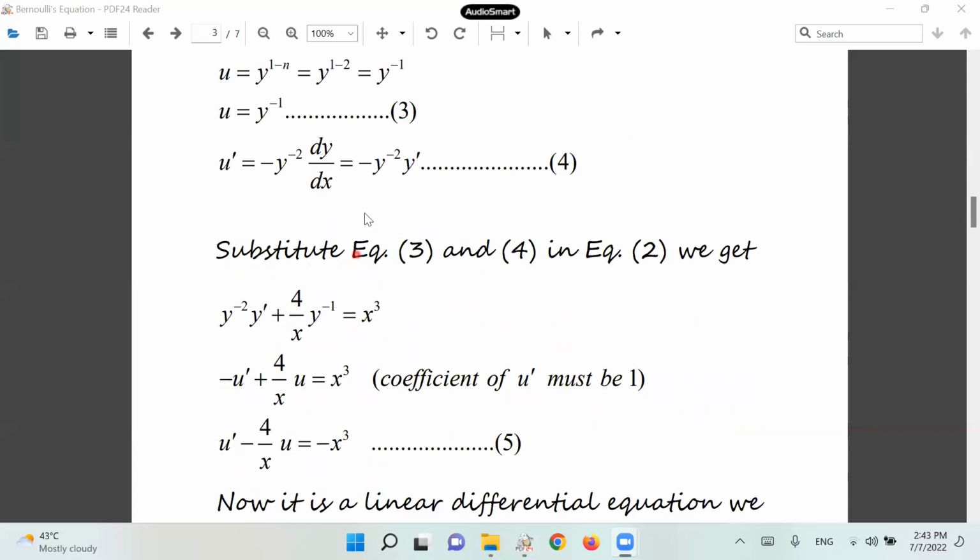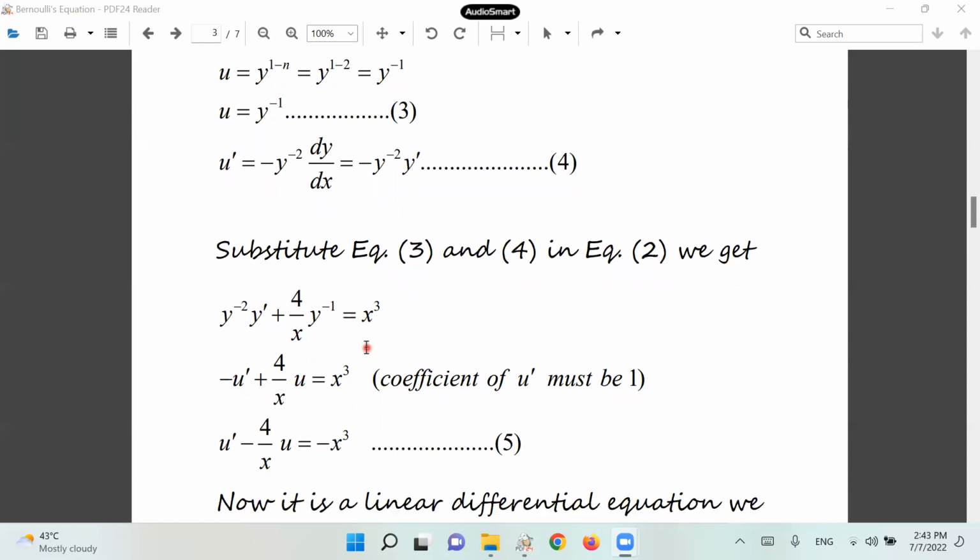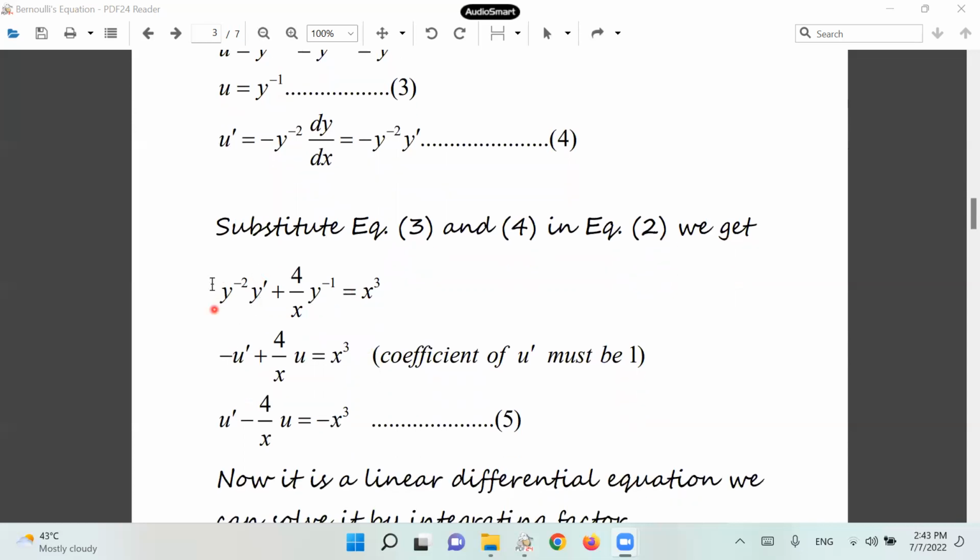Now we substitute equation 3 and equation 4 into equation 2. Equation 2 was y^(-2) y' + (4/x) y^(-1) = x^3.